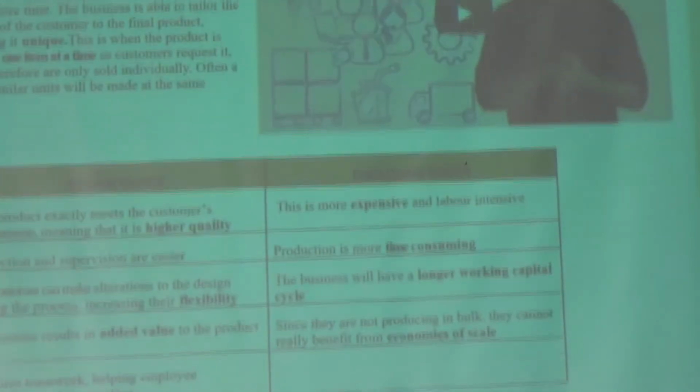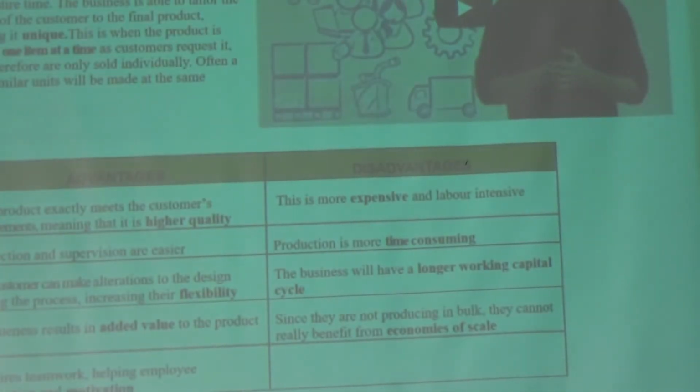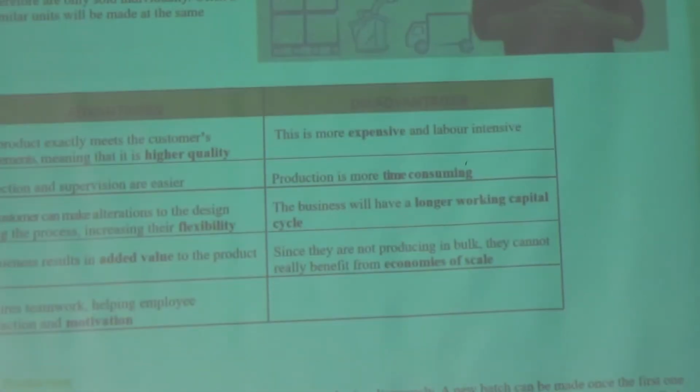So what are the advantages of job production? Well, if you make a suit or a dress and it's tailored, that means that it really meets the customer's requirements and it's of high quality. Also, it's more expensive though, because it's more labor intensive. It's one item, so the quality control is maintained the entire time.